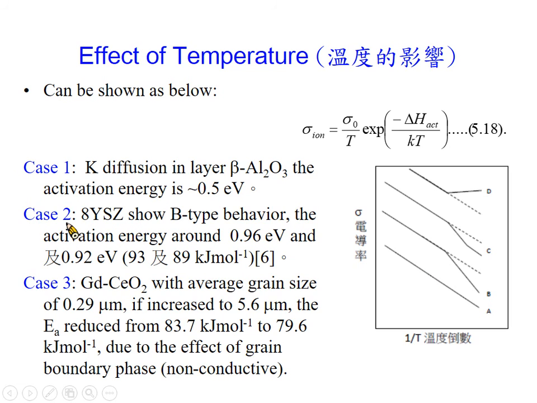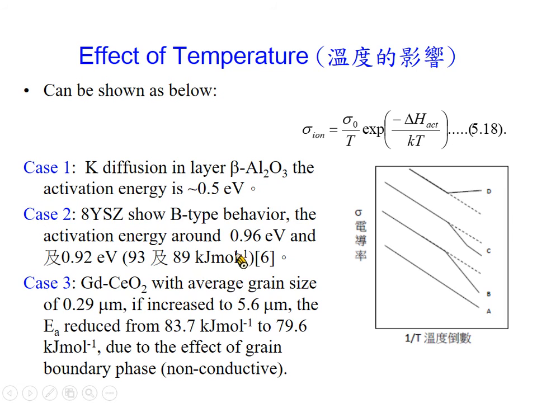How about the second case here? The second case shows the yttrium doped zirconia with B-type behavior. B-type here shows two slopes in the dependence. The first slope is a little bit higher in activation energy, 0.96 eV, and another one is 0.92 eV. Also, we reported several years ago that it can be 93 or 89 kJ per mole.